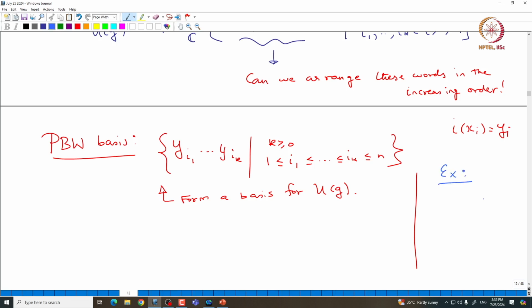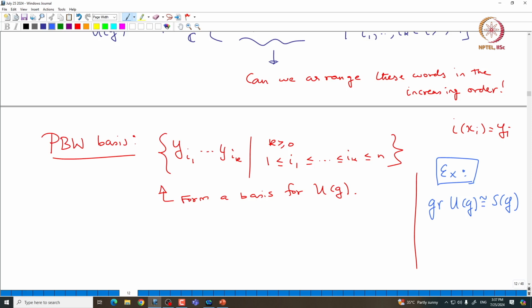If you know the construction of the graded algebra, then it is easy to see that the graded algebra associated with UG, because we have already seen that UG is a filtered algebra, is naturally isomorphic to the symmetric algebra associated with G. In particular, the kth graded piece will be the same as the kth graded piece of SG.